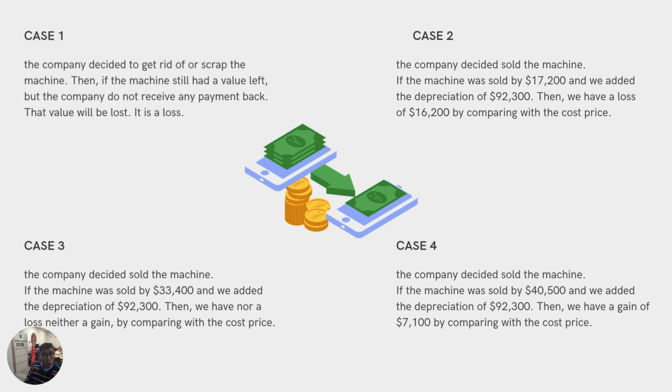In case number two, the company decided to sell the machine for $17,200, and it is added to the depreciation of $92,300, so then we will have a loss of $18,200, because we have to compare the cost price of the machine when it was purchased with the total amount of money received in cash plus depreciation.